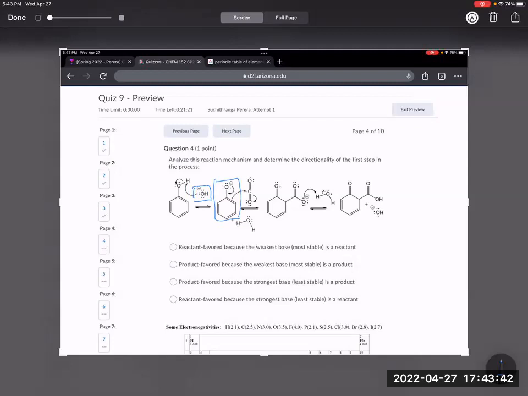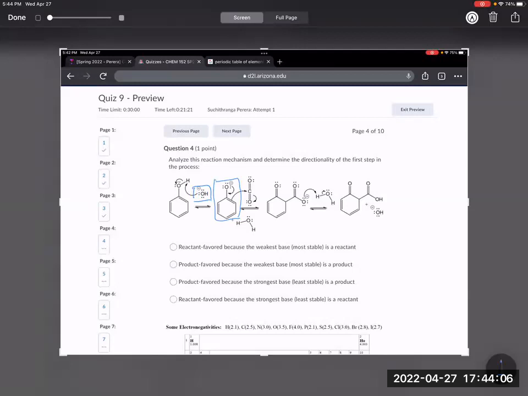On the other hand, if you look at the acid as well, we have the phenol as the acid on this side, and on the other side we have H2O as the acid. H2O has to be more stable than phenol. If you compare the acids as well, that's why this reaction is going to be product favored.